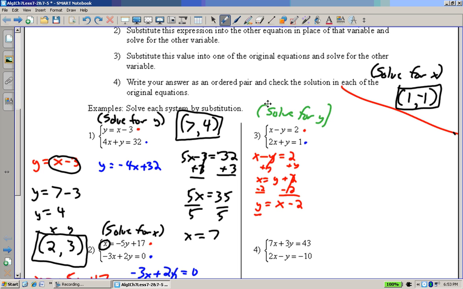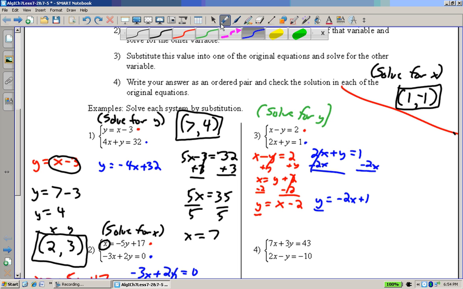So y is by itself. And now I'm going to solve for y in the blue. Let's subtract 2x from both sides. And y equals -2x plus 1.